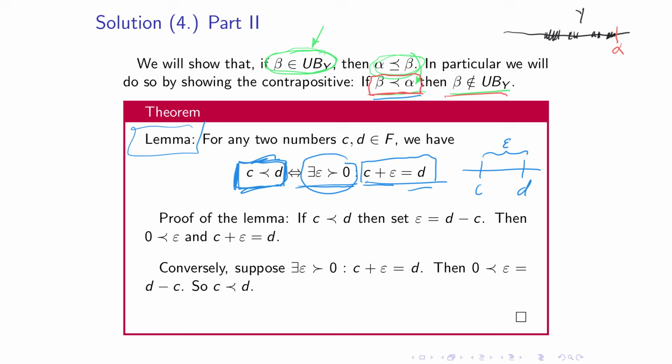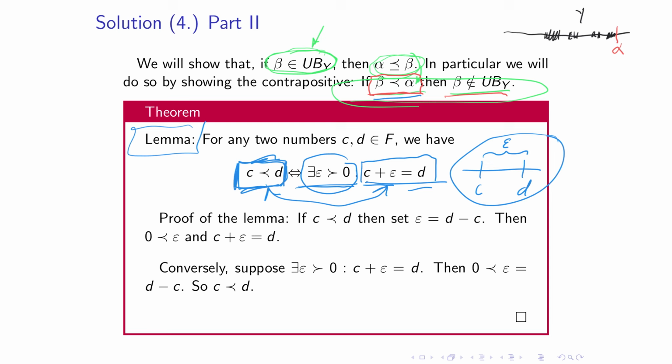If C precedes D, then this epsilon exists, and if epsilon exists, then C precedes D. It's a natural intuition when thinking geometrically about the number line, but of course we can't just think intuitively. In real analysis, we are trying to give rigorous proofs. So this is what we will prove, and then it should make demonstrating this right here very immediate.